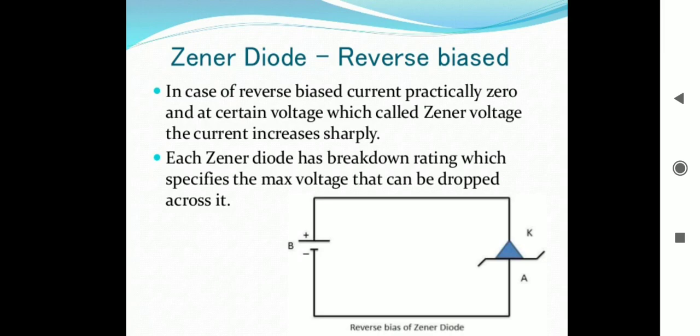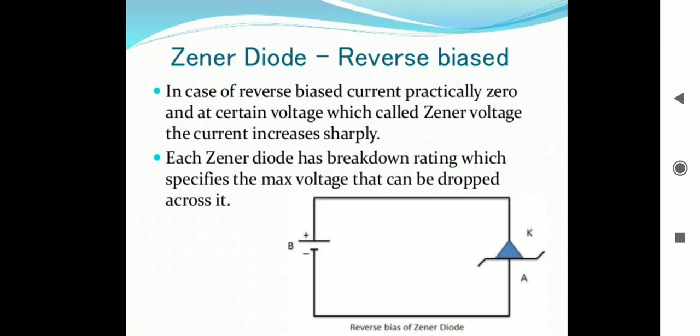So now let us discuss the working of the Zener diode. The Zener diode is made up of heavily doped semiconductor materials. Heavily doped means a high level of impurities is added to the material to make it more conductive.